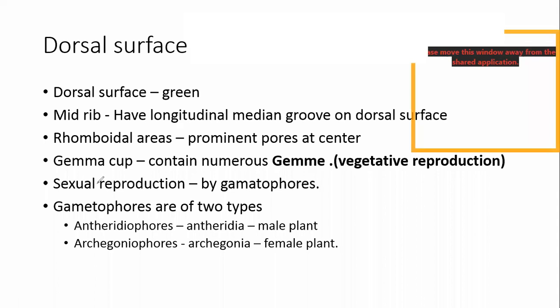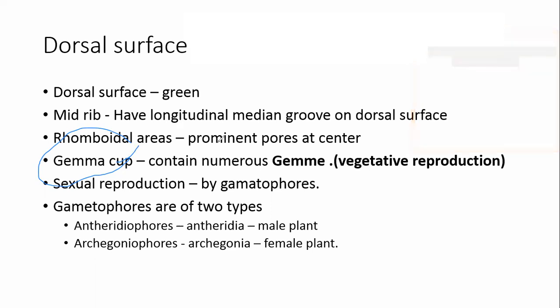And on the midrib, which is on the dorsal surface, they have the gemma cups. Some people pronounce it differently. Okay, they have the gemma cups, and gemma cups are very important in vegetative reproduction. So these gemma cups produce the gemmae on the dorsal region.